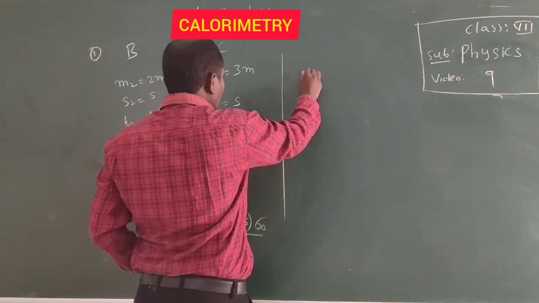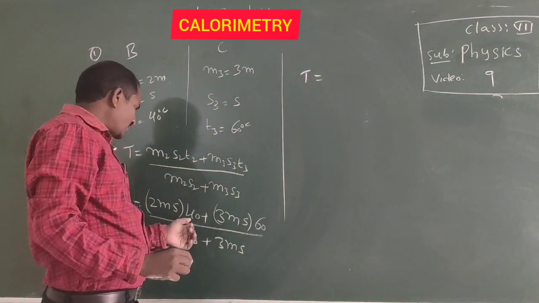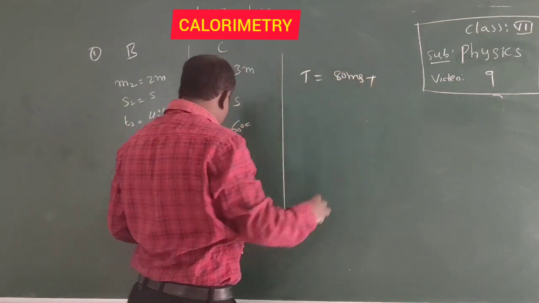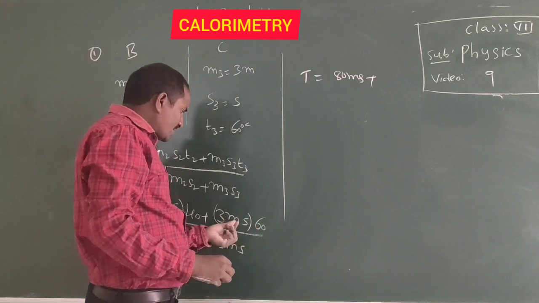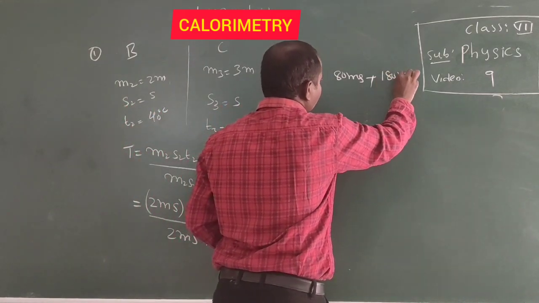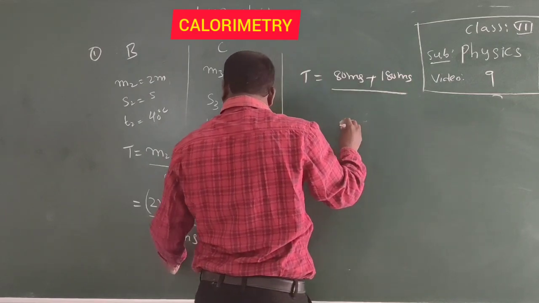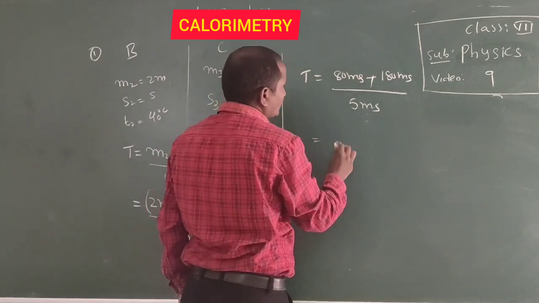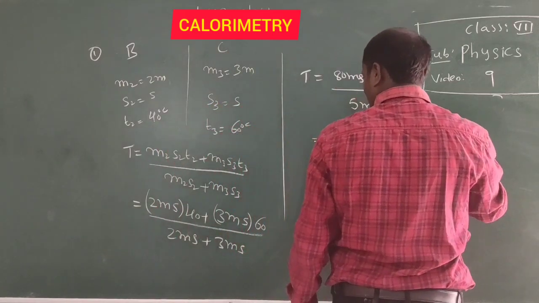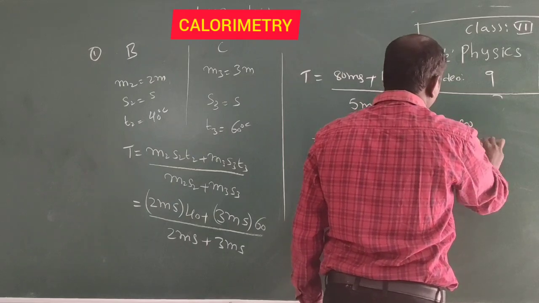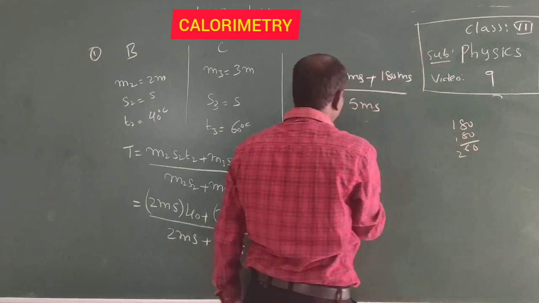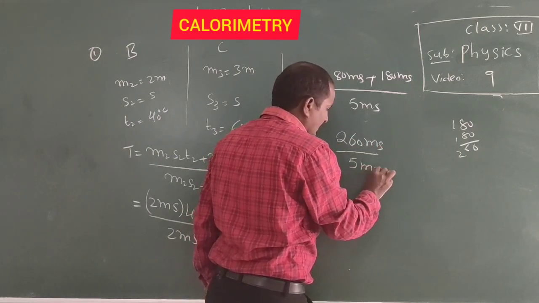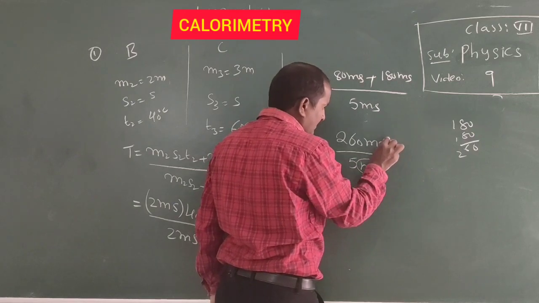So here T equal to 2 into 40, 80 MS, plus 3 into 60, 180 MS, by 2 MS plus 3 MS equal to 5 MS. 180 plus 80 is 260. So 260 MS by 5 MS. So here MS will cancel.